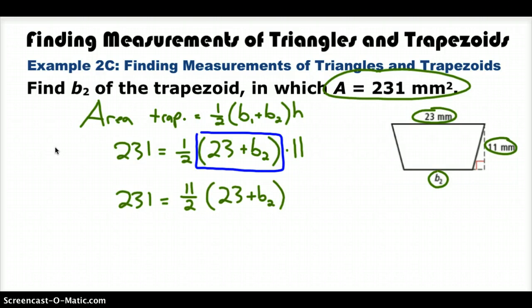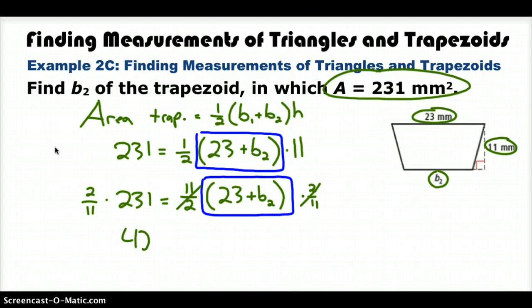Remember, I still want to get this by itself first before I can start solving for b2. So I'm going to multiply both sides by the reciprocal of 11 over 2, which is 2 over 11. Now I'll go to my calculator. I want 2 over 11 multiplied by 231, and that equals 42.